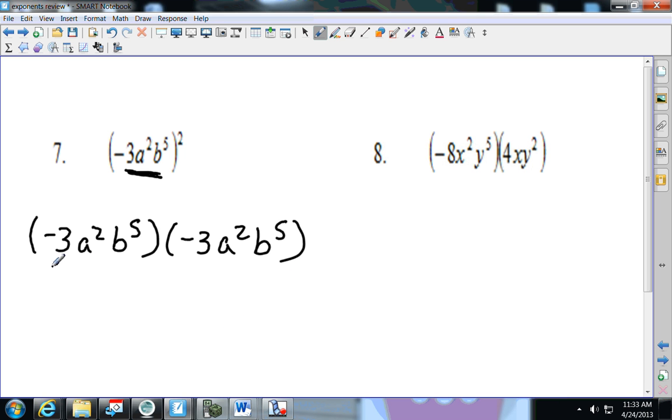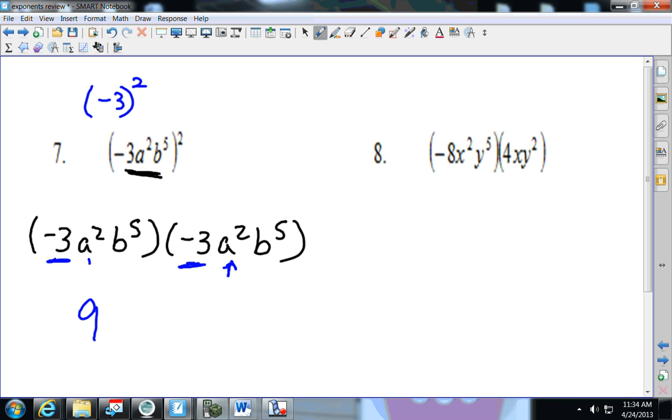Now I have, this is negative 3 times negative 3, which is positive 9. That's the same up here as negative 3 to the 2nd power. That's where I'm coming up with my 9. Now I have a to the 2nd power, a to the 2nd power.